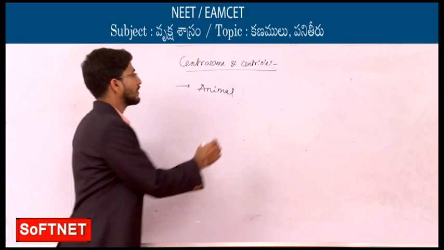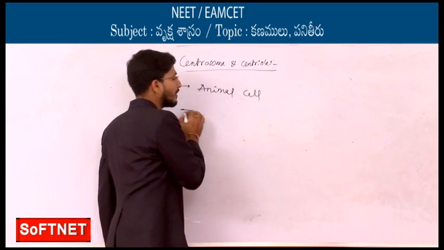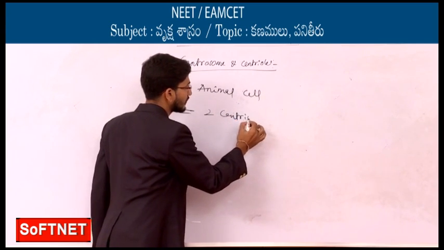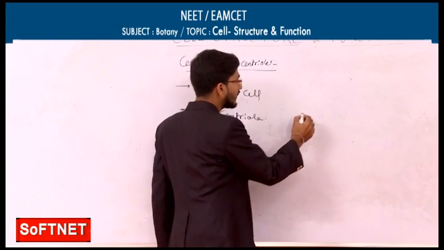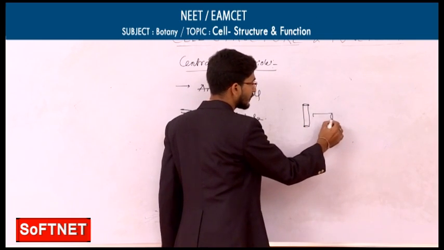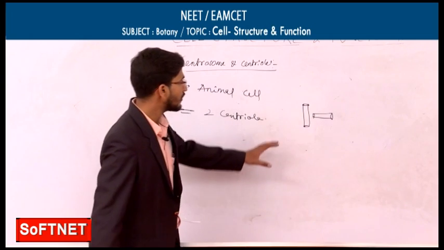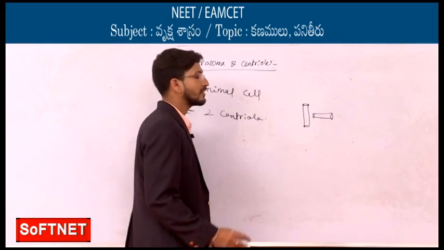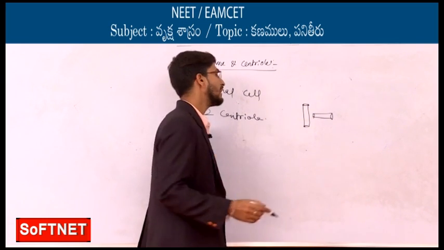The centrosome is made up of 2 centrioles, and these 2 centrioles are arranged perpendicular to each other.